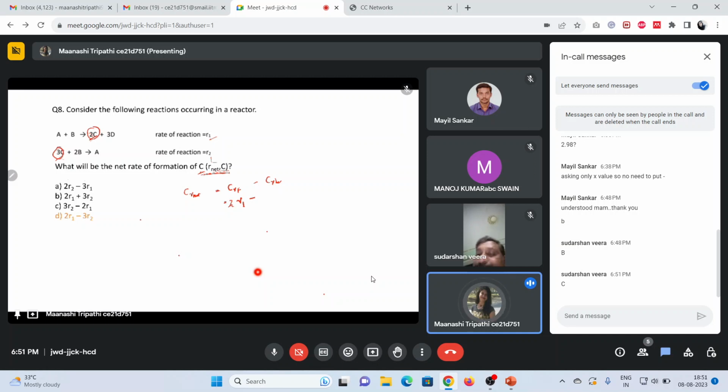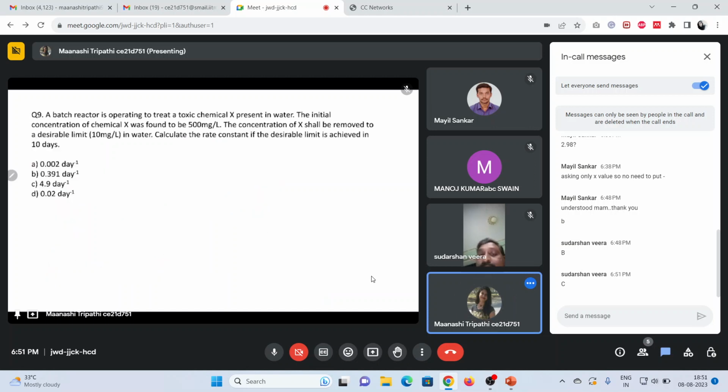Here C and B are converted, so C is reduced. So the second part is R2. What is the coefficient? 3. Very simple, there is nothing to think about it. Just do. This is the explanation also; you can see it when I upload this.